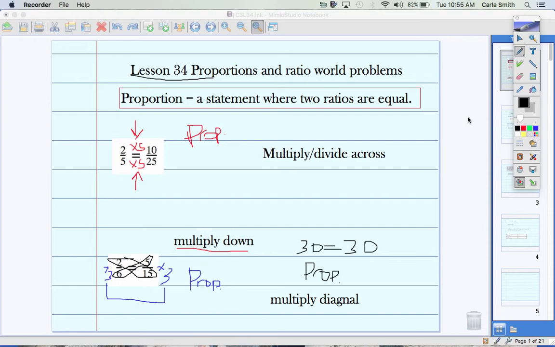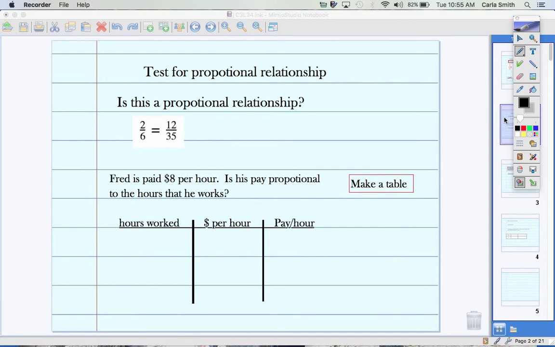So we have 3 different ways to tell if two ratios are equal, to tell if they are proportions. So let's take a look at another proportion, and we want to tell if this is a proportional relationship. So we need to know if they have the same values being multiplied or divided.